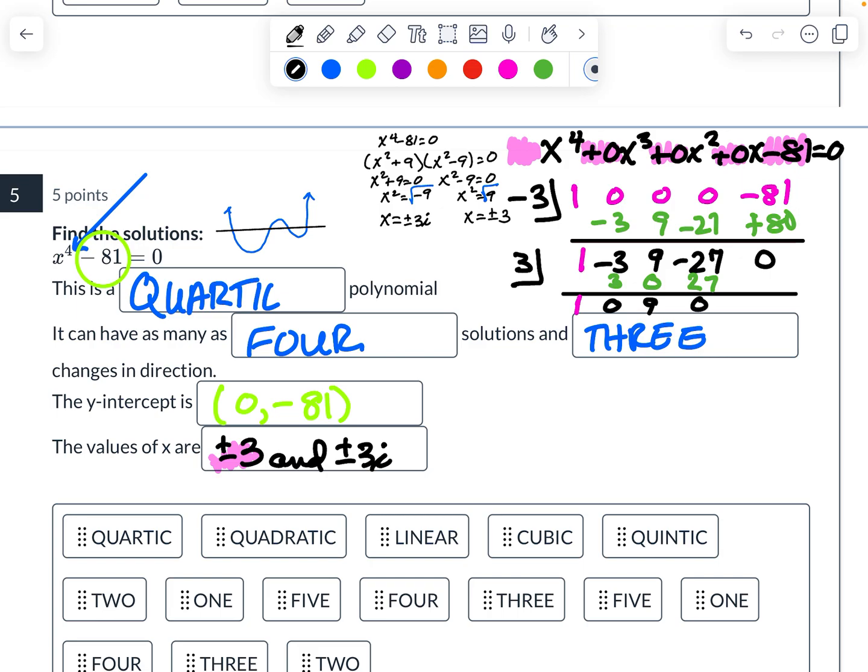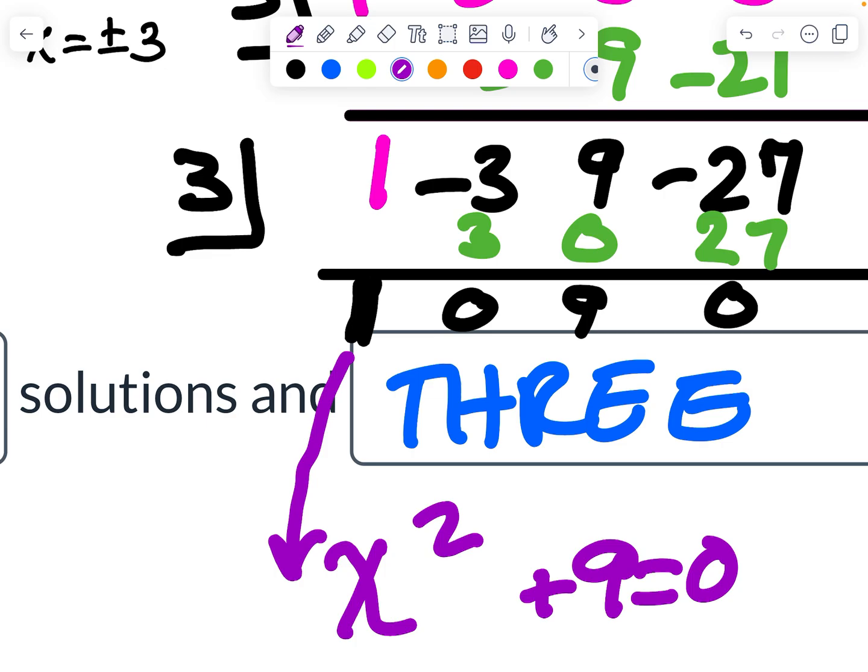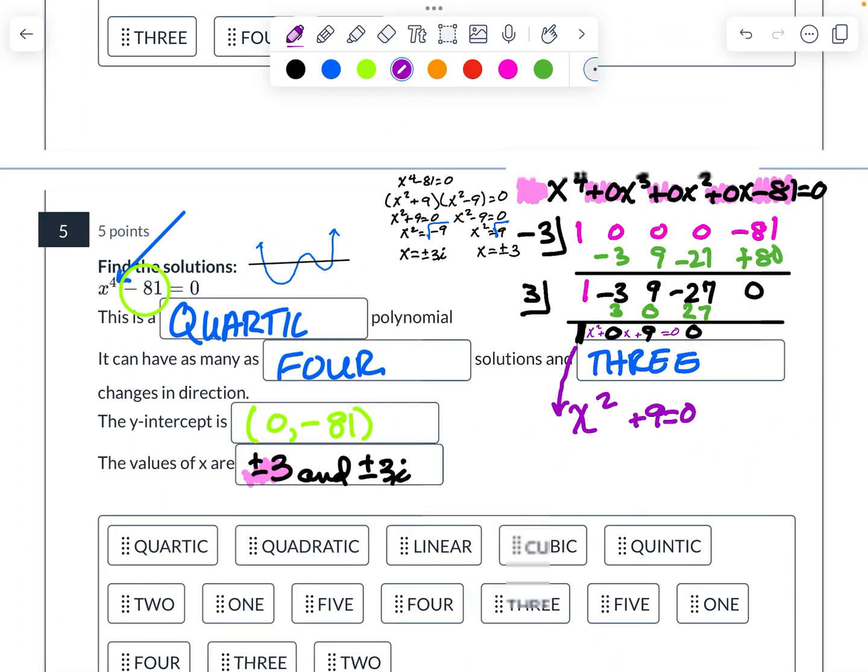And then remember, I had a 1 here, correct? And what that means is I have an x to the power of 2 plus 9 equals 0. The 1 comes here. This is how we did this the other time. We had x to the second plus x plus 9 equals 0, which gives us this purple equation.